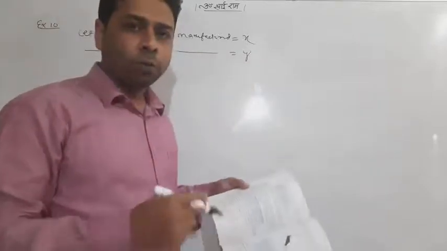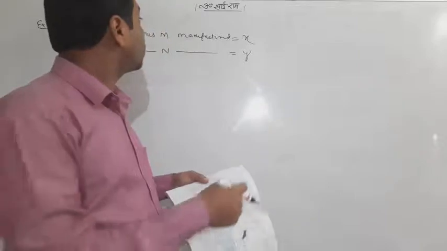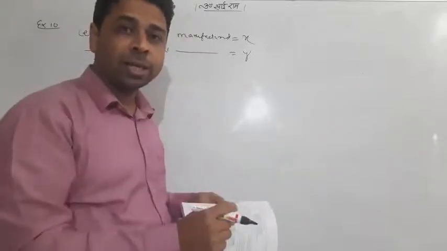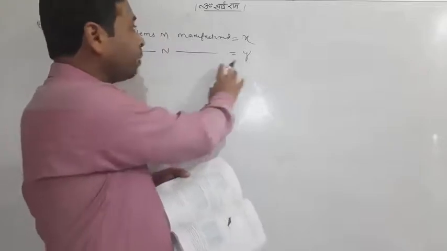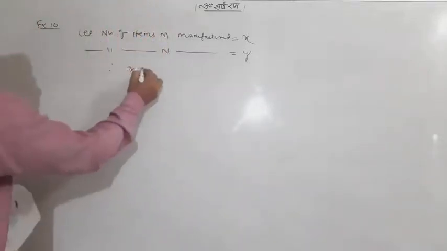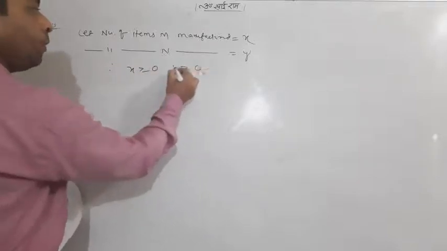We are told to find the number of items manufactured. We assume the number of item M manufactured by 3 machines is x, and the number of item N manufactured by 3 machines is y.